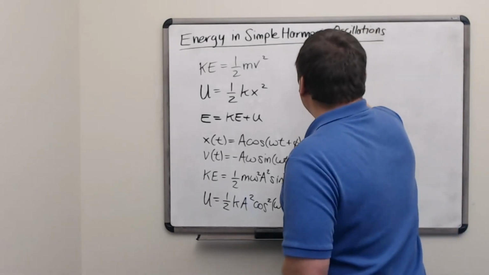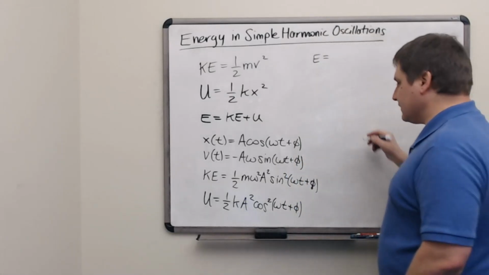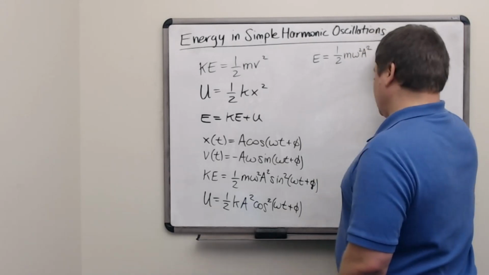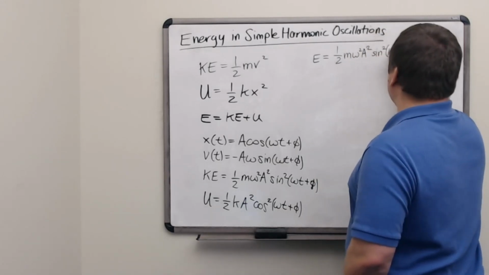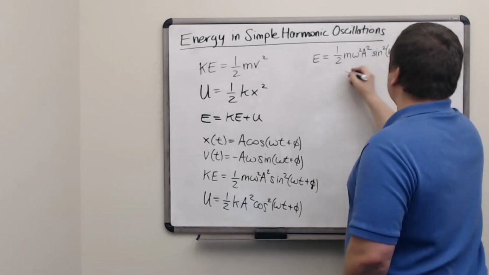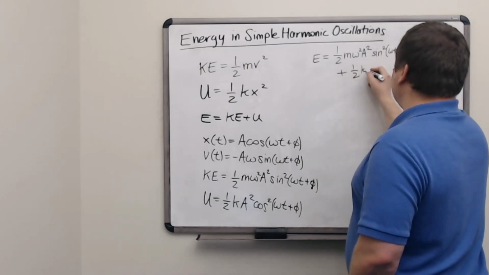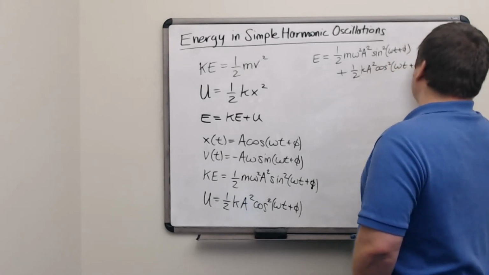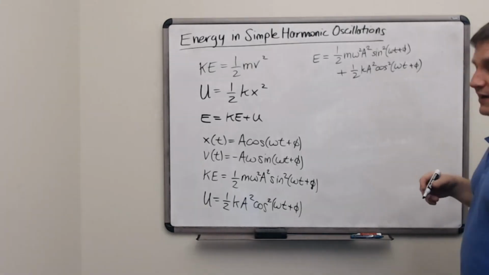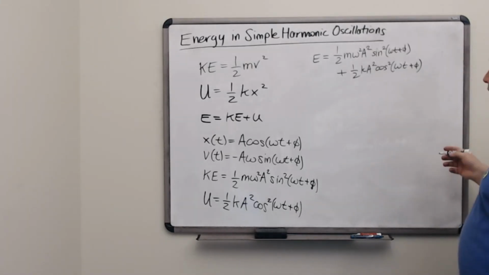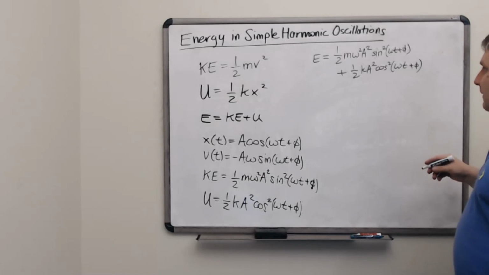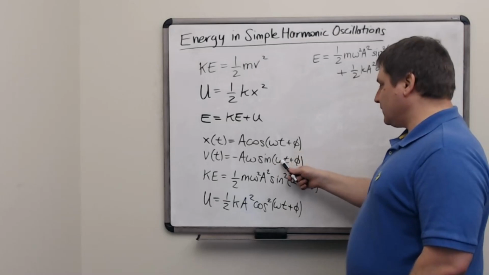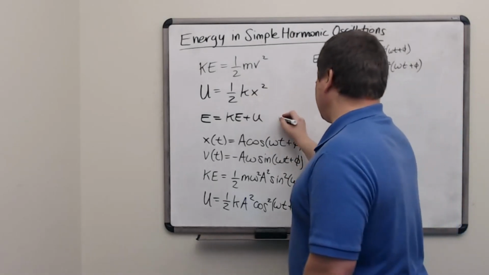Let's see how they actually add together to make a constant. Here's the kinetic energy term. On the next line, I'll write the potential energy term. It looks like we might be stuck here. There are so many variables. But remember that there's something else going on in the harmonic oscillator that relates the angular frequency to the mass and the spring constant.